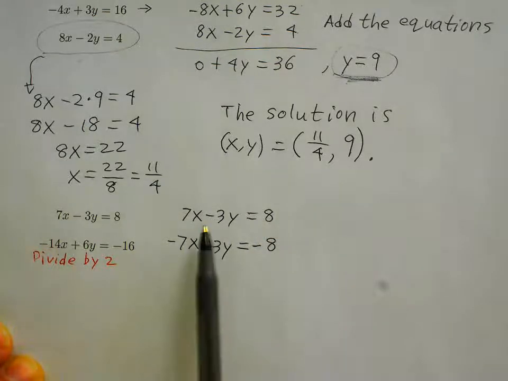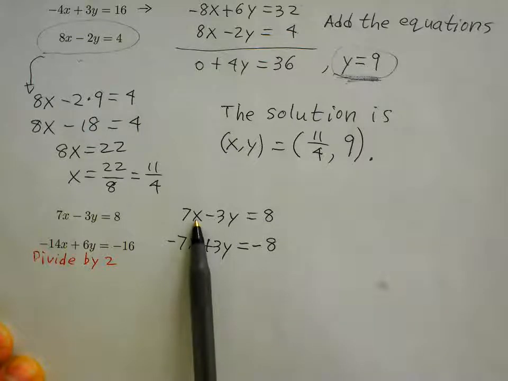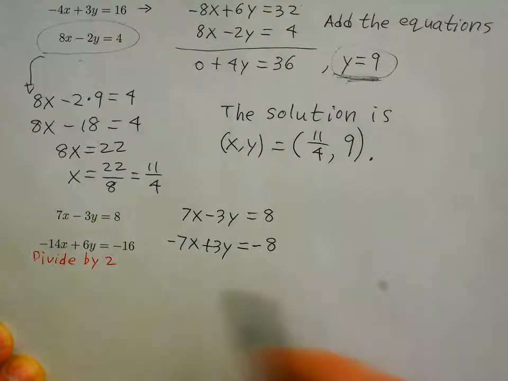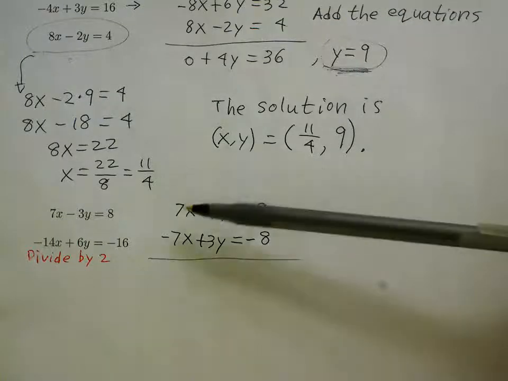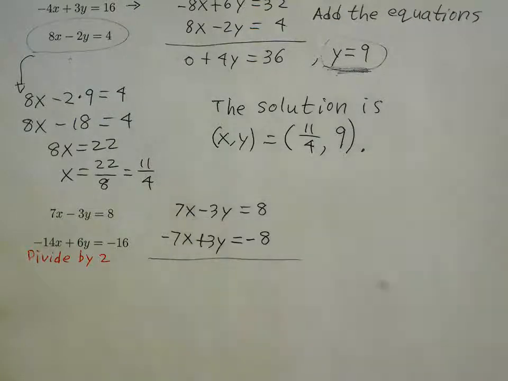And we see that the coefficient of x in the top equation is 7, and the coefficient of x in the bottom equation is negative 7. So I'm going to get an elimination when I add those two equations, because 7x plus negative 7x is 0.